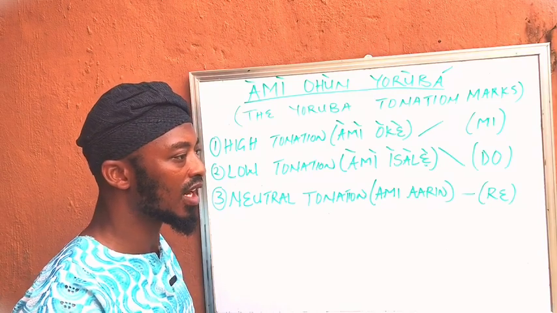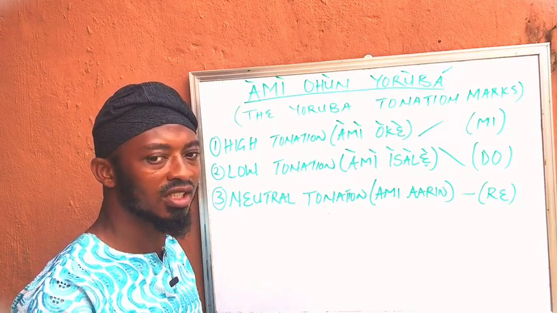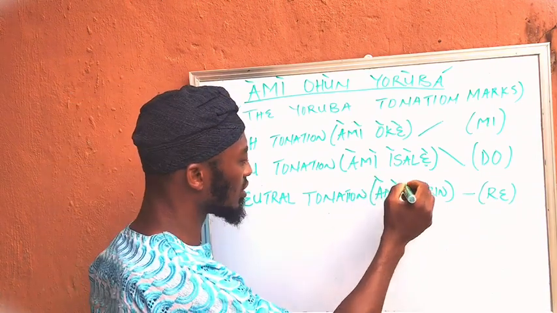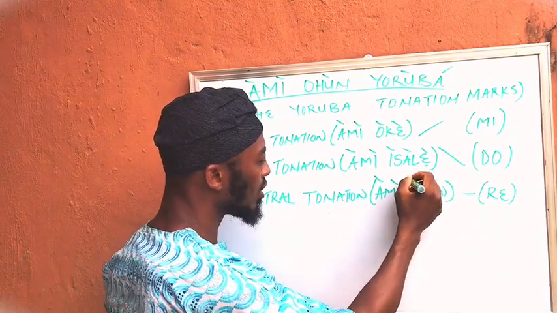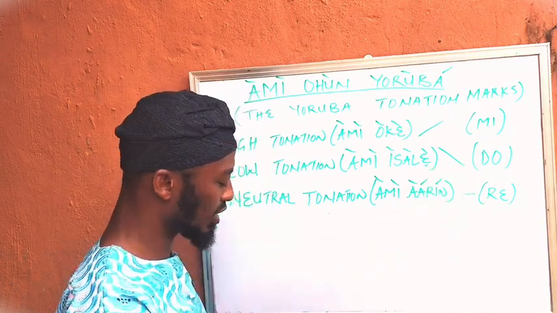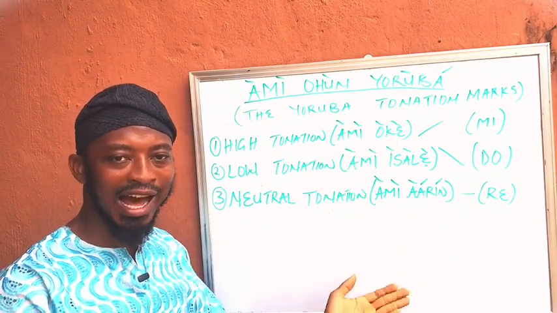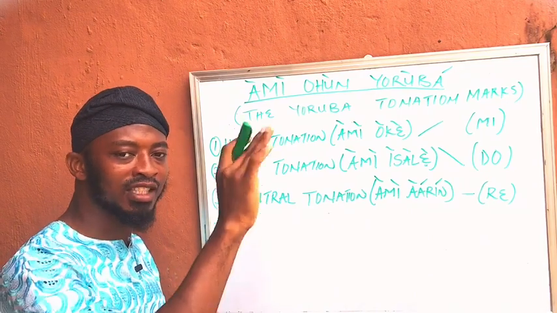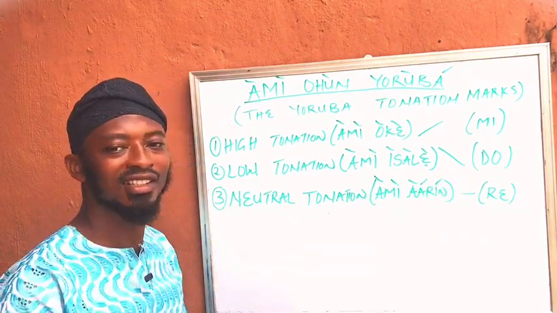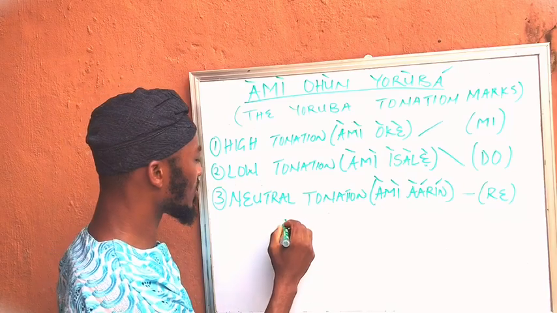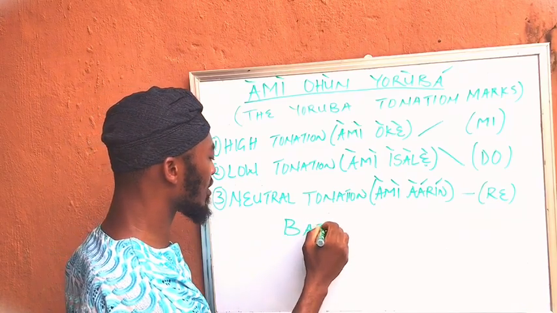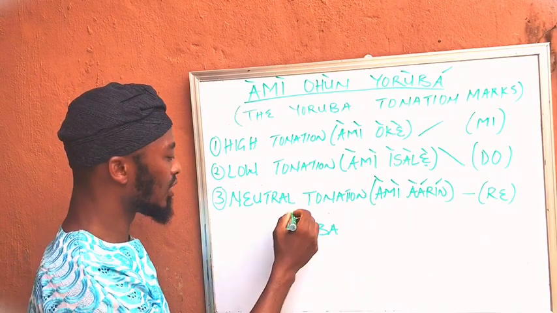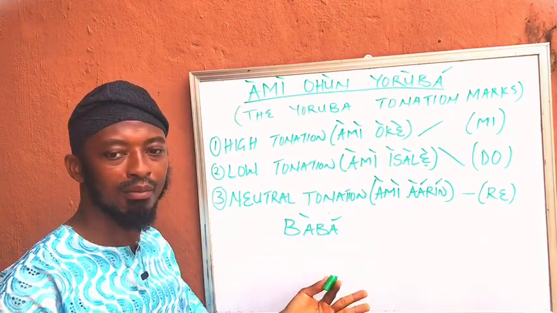Then I'm trying to look for a word that we can combine. So Ami, this one is do, mi. Listen, see the way it started low, but it goes up. Ami, do, mi. Now we have something like this. You say Baba, do, mi.